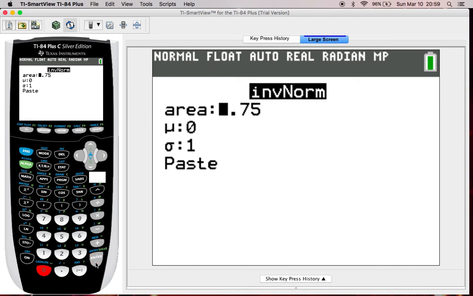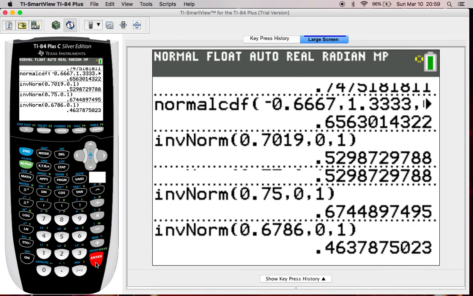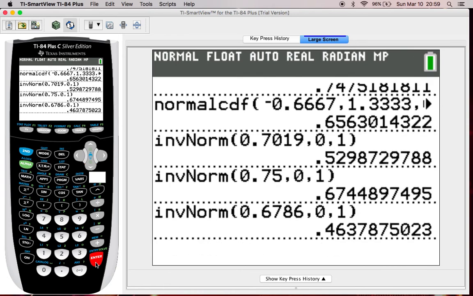Using the complement rule, we found the area to the left of our unknown IQ score was 0.6786. Come down, hit paste, and hit enter. 0.463. Oh, that should have been an 8. I apologize. I did not round properly in my notes, so that number is going to be a little bit off. So you should have 0.4638.